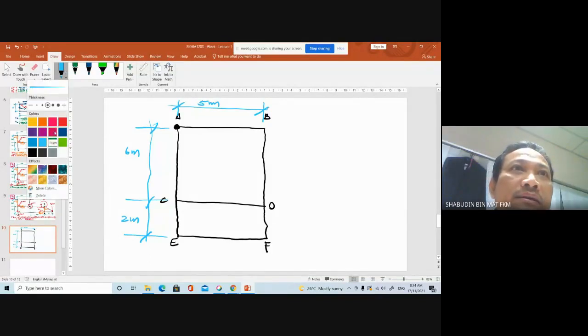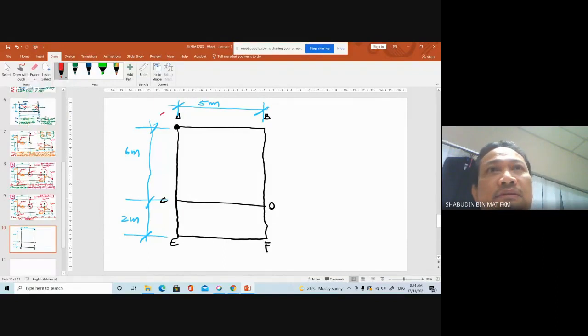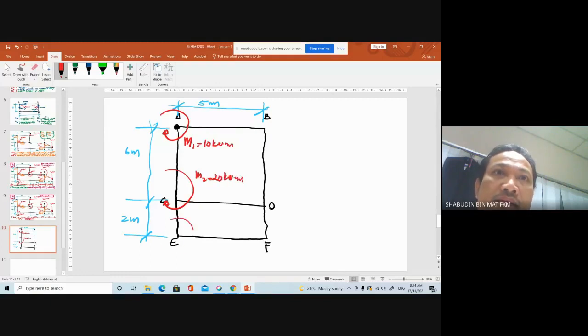So I apply a twist here. Apply moment here. Moment 1 is equal to 10 kilo Newton meter. All are clockwise there. Moment 2 is 20 kilo Newton meter there. Moment at point E there is 15 kilo Newton meter. Okay, all are clockwise there.